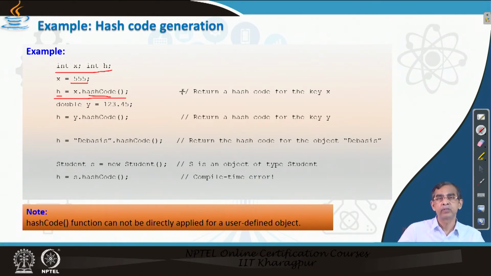You can write the program and call this method for any variable or any object and find it. Now, here double y, and if you call the hash code for this y, it will give a unique value corresponding to the hash code of y. So it is just hx, hy, the hash mapping we can say.